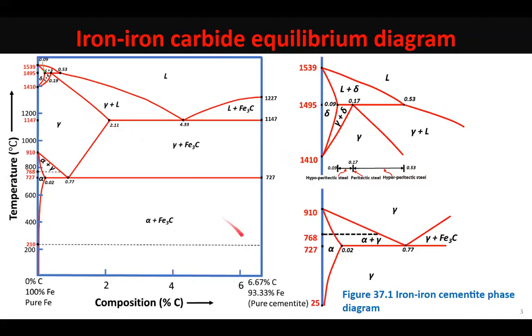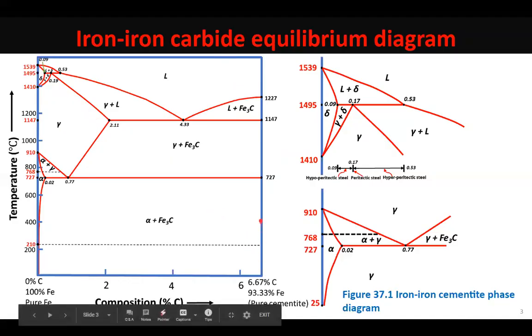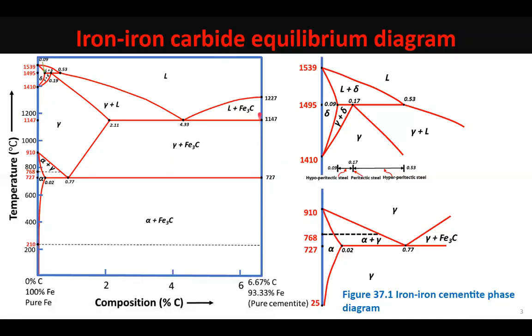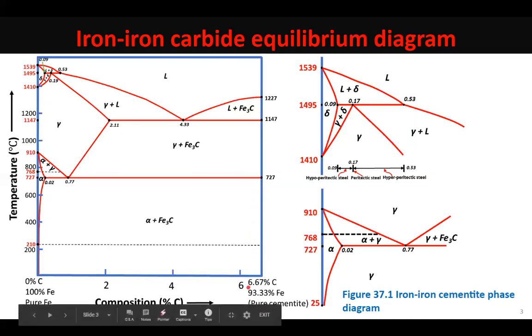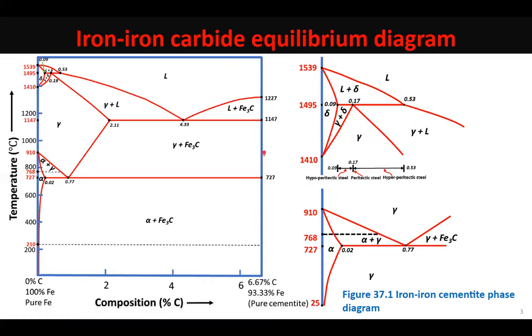And the last single phase region is this right extreme axis, which represents a compound of iron and carbon containing 6.67% carbon and 93.33% iron. When iron and carbon are present exactly in this ratio, the phase formed is called iron carbide or cementite, and that is represented by this vertical line.